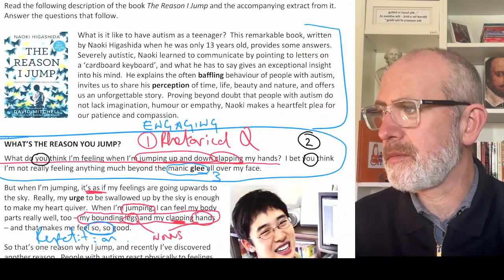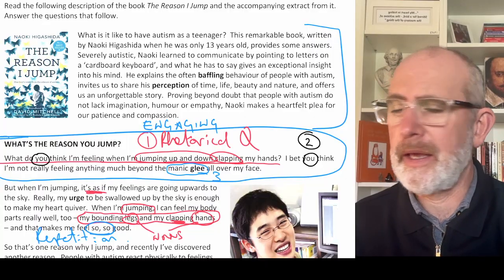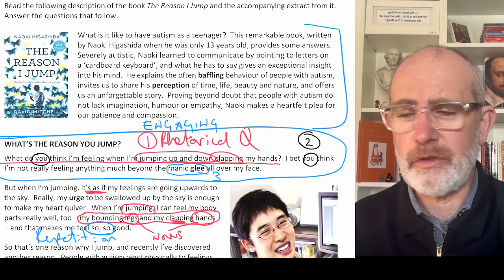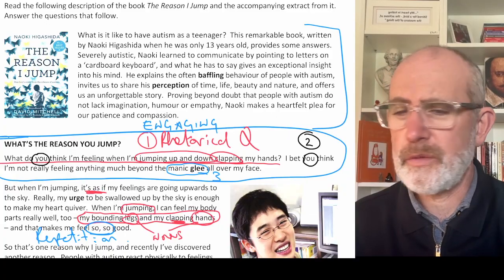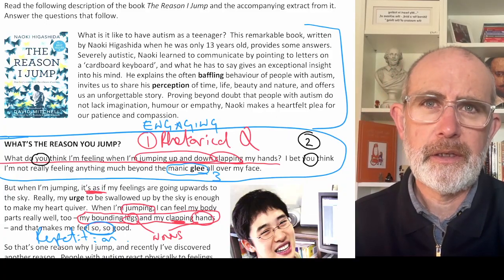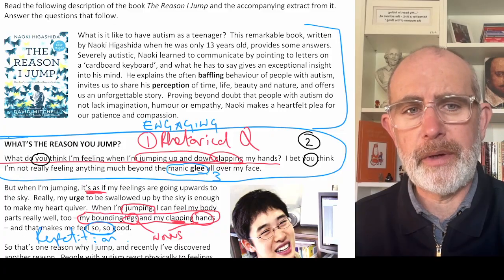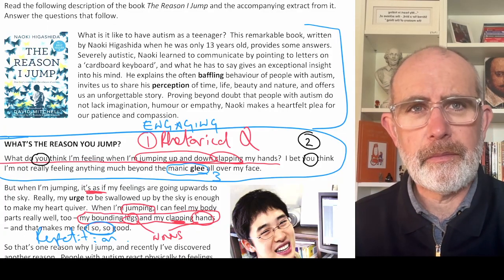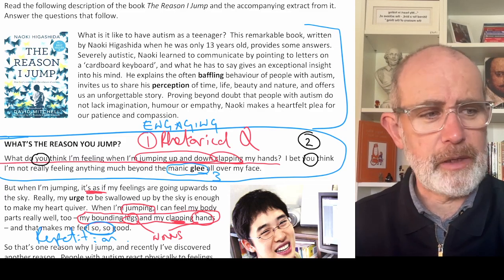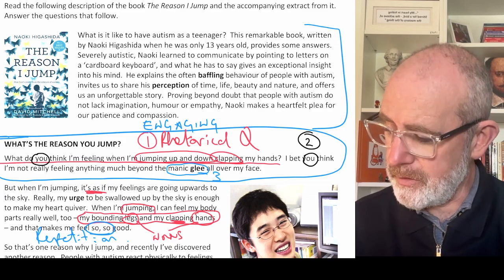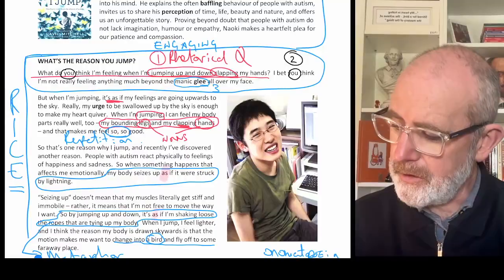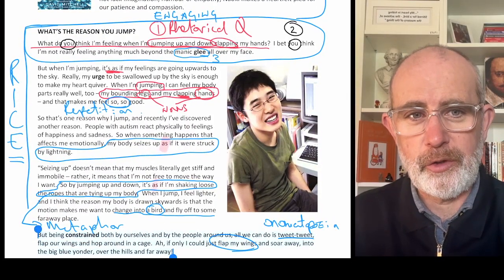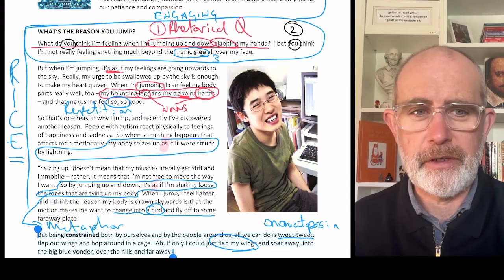And he wrote this book in order to explain why he behaves the way he behaves, or to try to articulate for those people who aren't familiar with the impact of autism how and why certain behaviors manifest themselves. It was a really good passage. And as you can see, I went through it and I came up with loads of different aspects that you could talk about in terms of language and imagery.